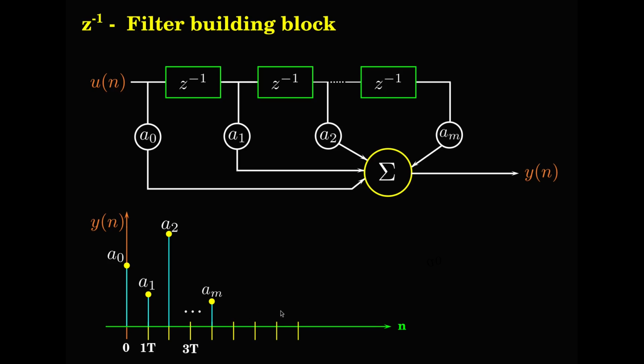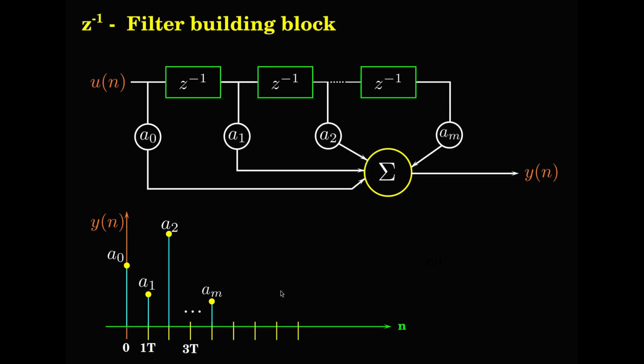So if I give one single input impulse, after M sample times the output becomes 0, where M is the number of unit delay blocks in cascade in the system.